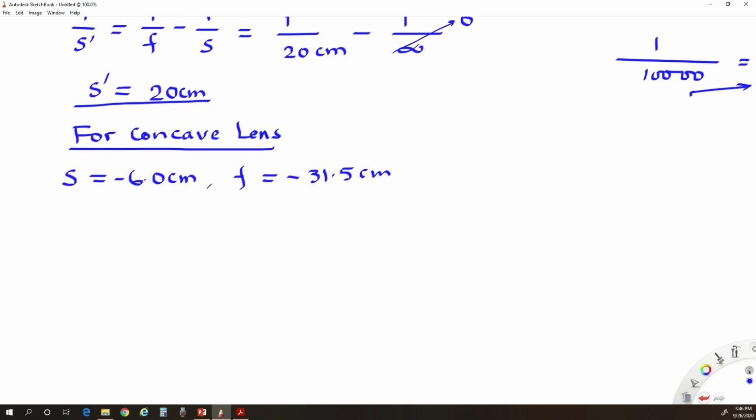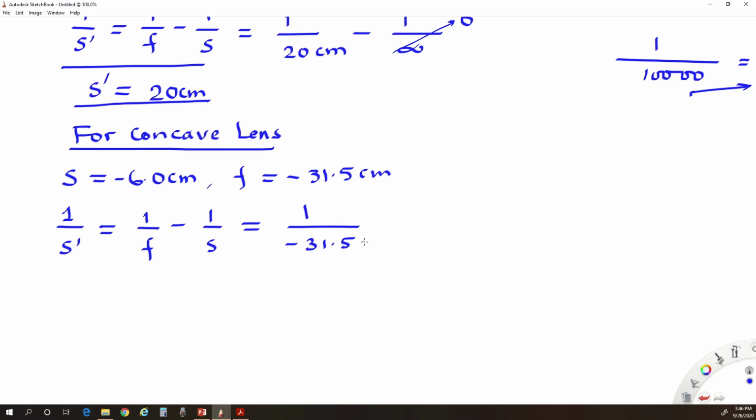And now we want to find the image distance, and we already know that it could be written as 1 over f minus 1 over s. So this is again the lens equation. So 1 over f is minus 1 over 31.5 centimeters, minus 1 over s, where s is the object distance, which is 20 centimeters.